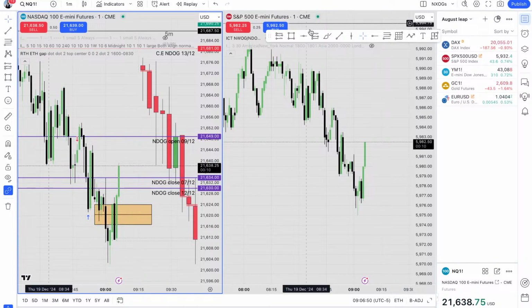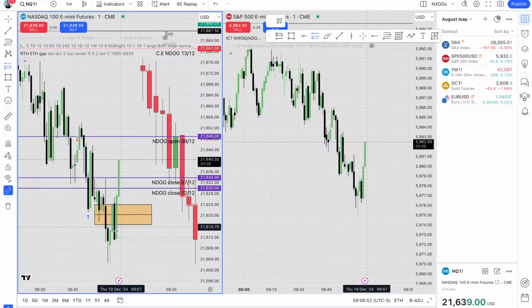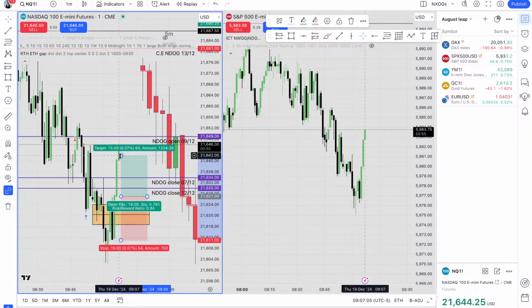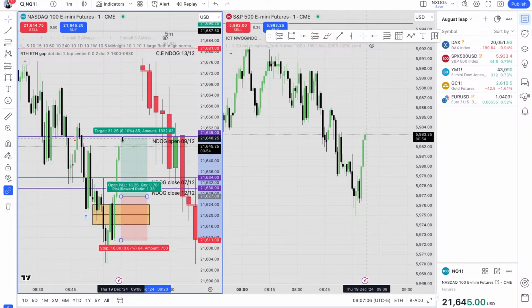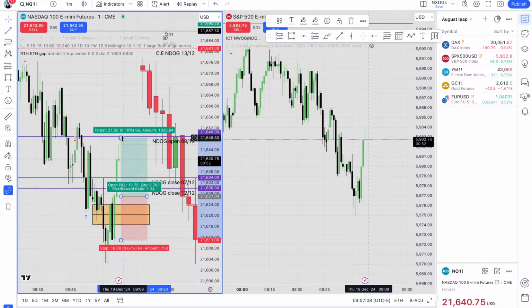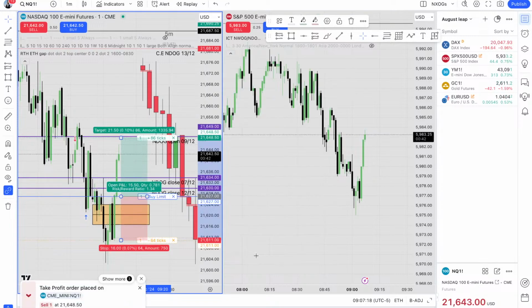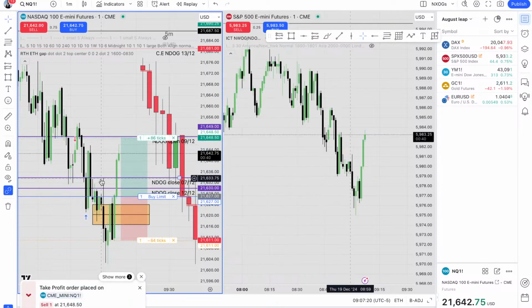Okay, now I may go long. I'm being a little bit perfect here, putting the order on that order block, but ideally, of course, it will be here. Let me see the next candle.